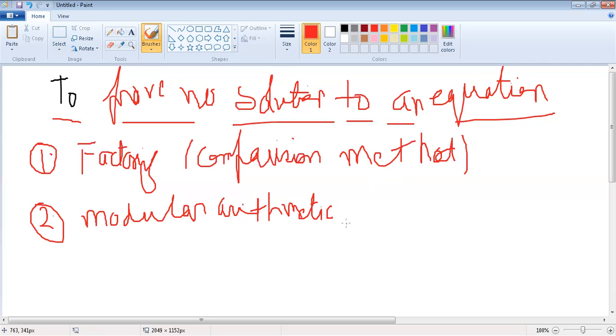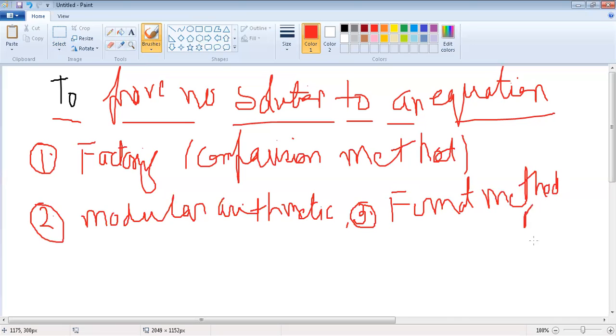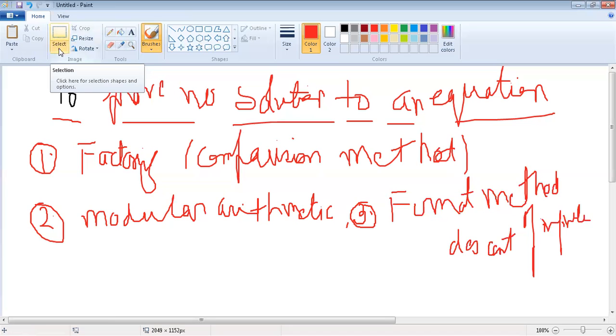And the third one will be Fermat's method of infinite descent. We'll be learning about these three methods, which help us in showing or concluding that there is only a trivial solution or no solutions, especially no integer solutions to a Diophantine equation of any degree. So let's begin with the first method.